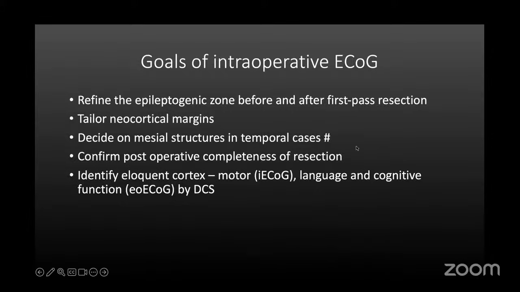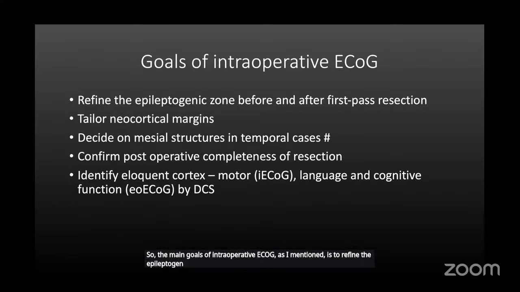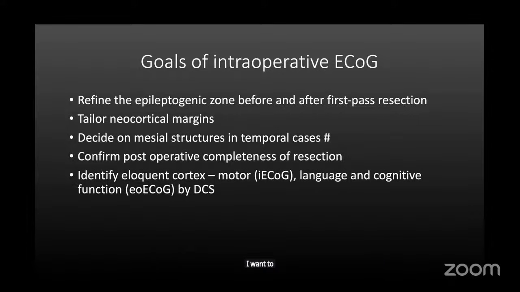The main goals of intraoperative ECOG, as I mentioned, are to refine the epileptogenic zone before and after the first pass resection, to tailor neocortical margins, and to decide on mesial structures in temporal cases. This is especially relevant when there are temporal lesions which may or may not have a network connection to the mesial temporal hippocampal structures. So the question becomes, do I want to resect the mesial temporal structures along with the neocortical lesions?